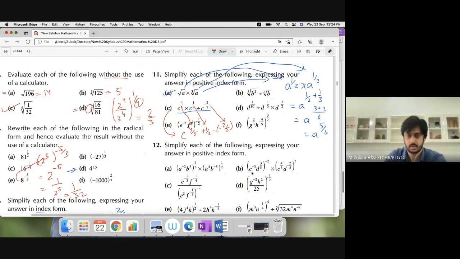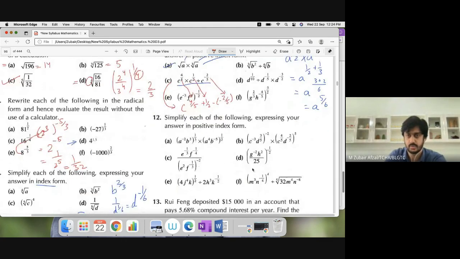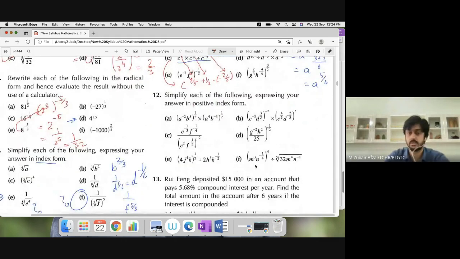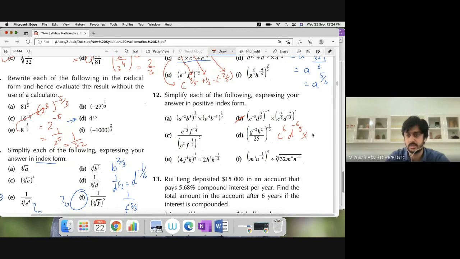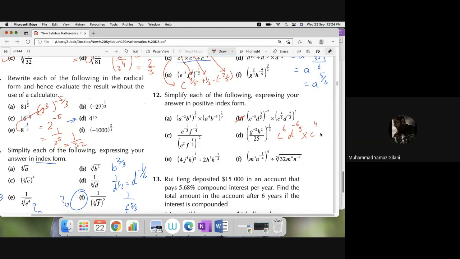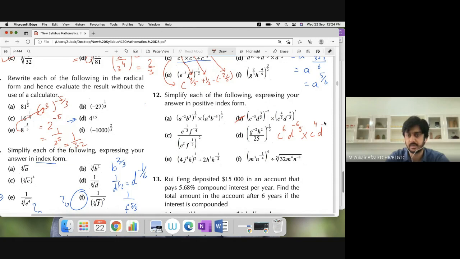And look at question 12 in this case. Just slowly solve this. C raised to power minus 3 and it is multiplied with 2, you get C raised to power 6. D raised to the power minus 6 by 5 multiplied with the C raised to power 4 into D raised to minus 2.